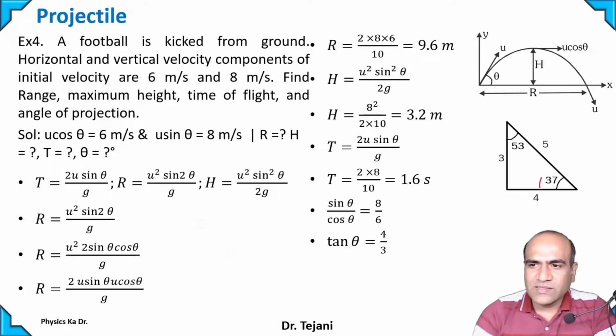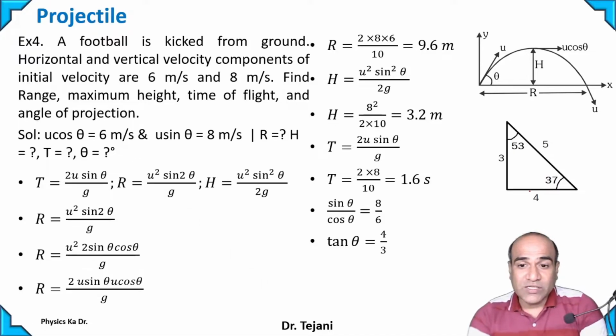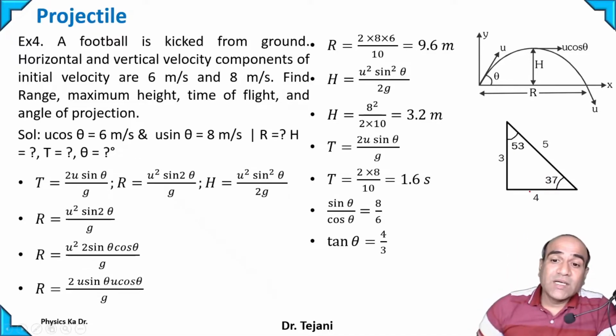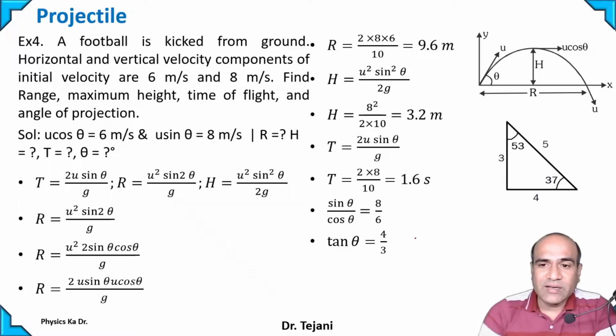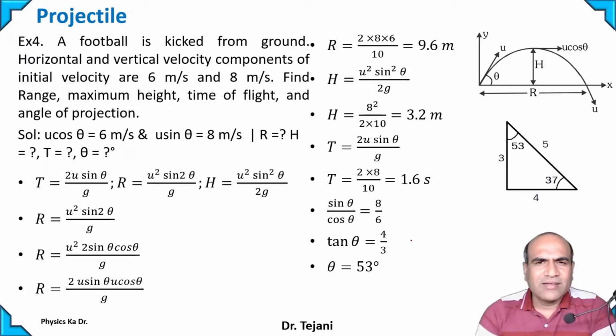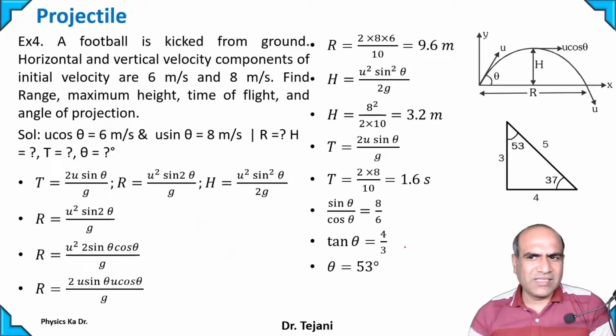If we take this tan theta, it is equal to the opposite side divided by the nearer side. Tell me whether it is 57 or 37. It is not 57 or 37, it is 53.